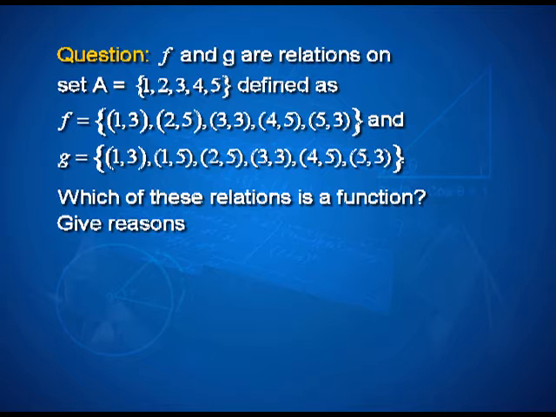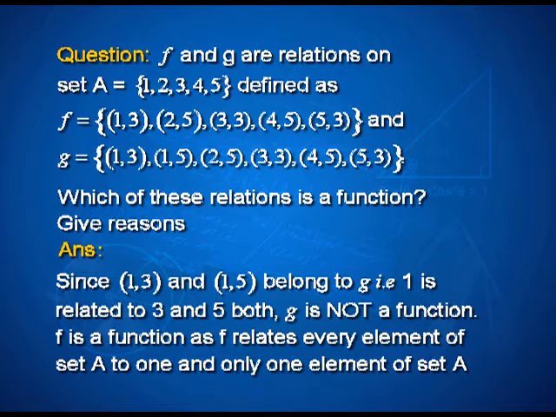So, as you can see in G, (1, 3) and (1, 5) both belong to G, that is 1 is related to 3 and 5 both, and therefore, G is not a function, whereas F relates every element of set A to one and only one element, and therefore, F is a function.